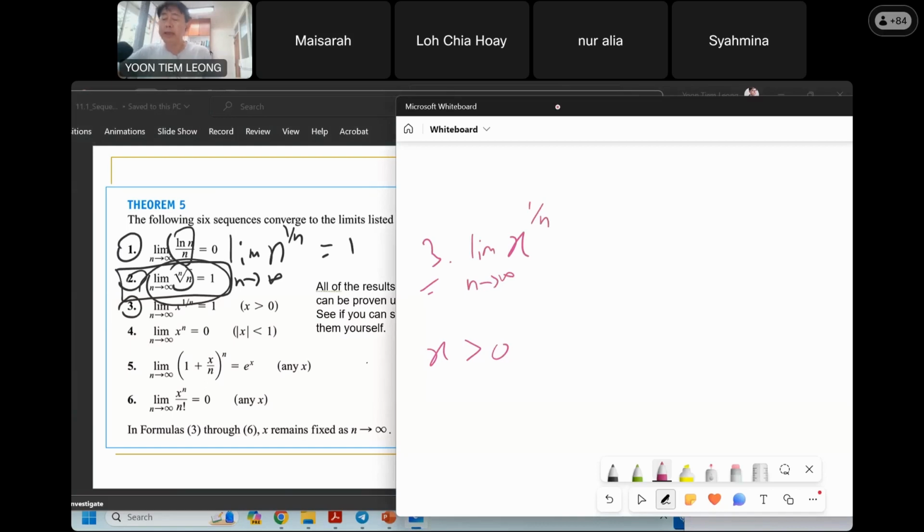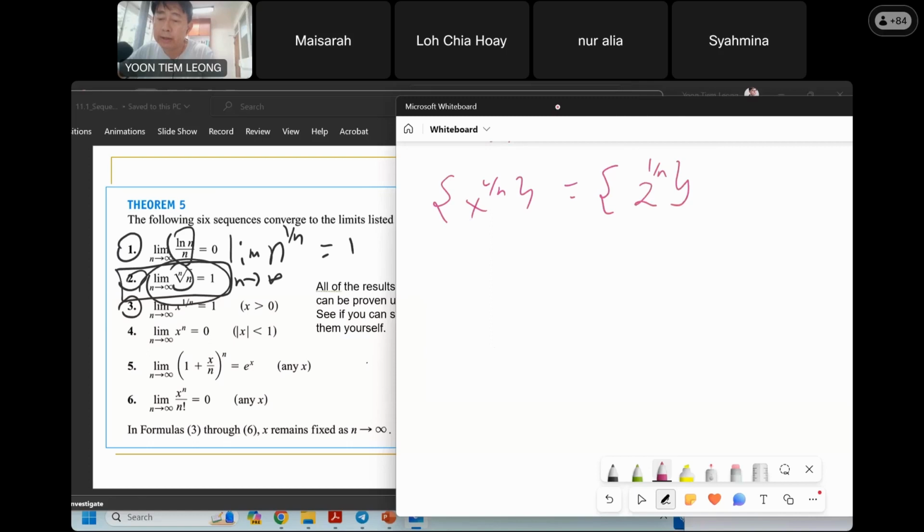So this is a special type of sequence where the sequence does not only involve an entry of n, it also contains an n. For example, an example of a sequence x to the 1 over n with x positive would be the case where I raise x as 2 and then 1 over n.